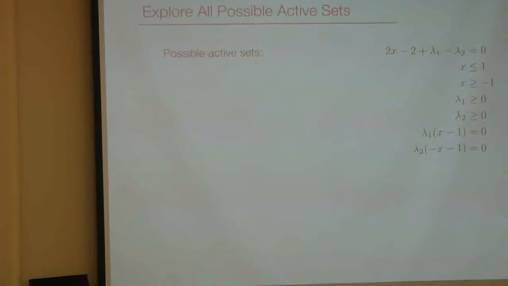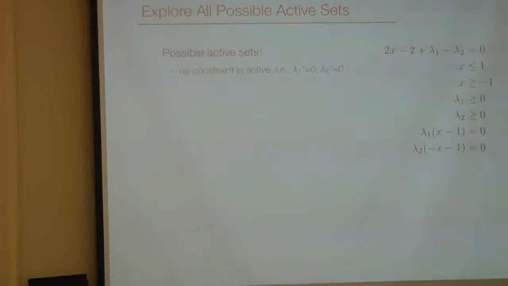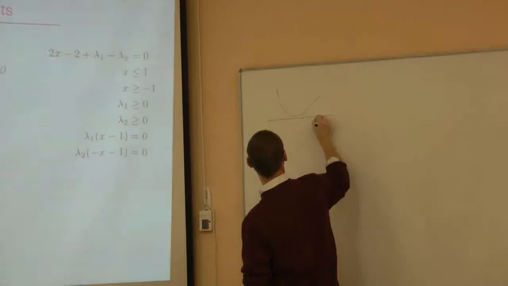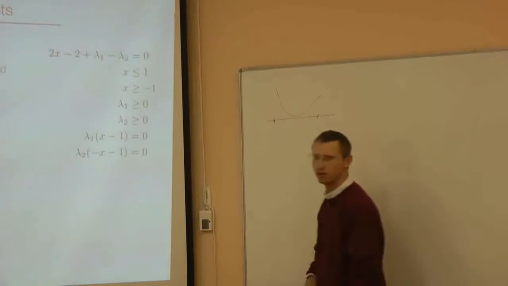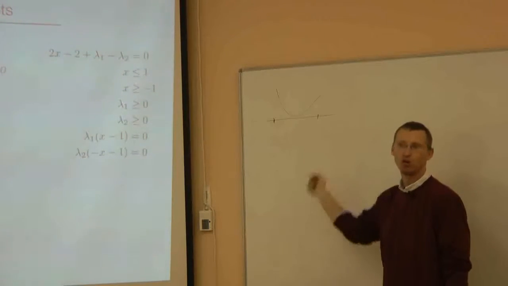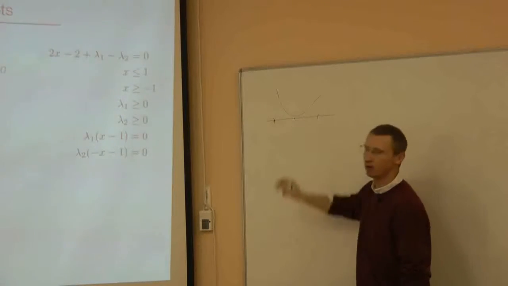Okay? Here, we have two constraints, but in fact just one optimization variable. So what could be the possible active constraint? Well, first of all, no constraints have to be active, right? So essentially, if we are minimizing a function like this, and we say that this is the allowed interval of x, then no constraints would be active at this point, right?